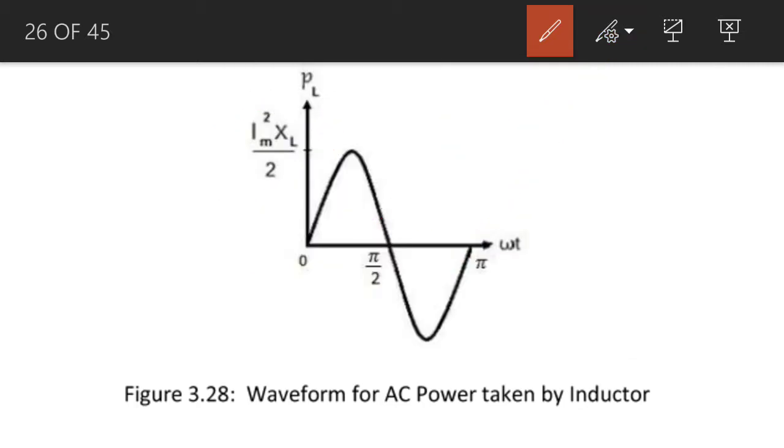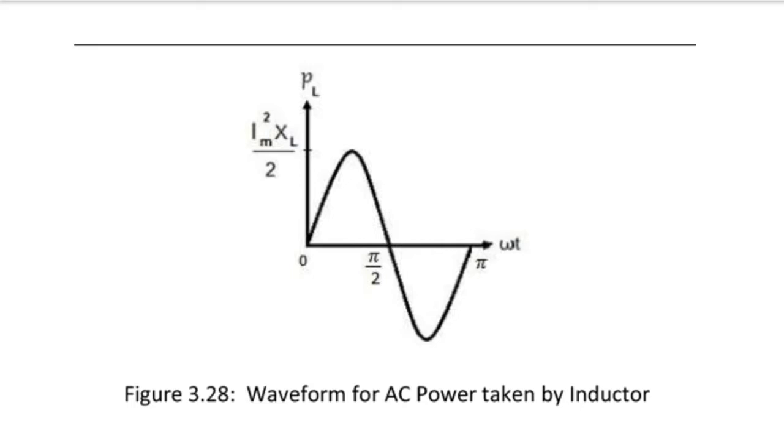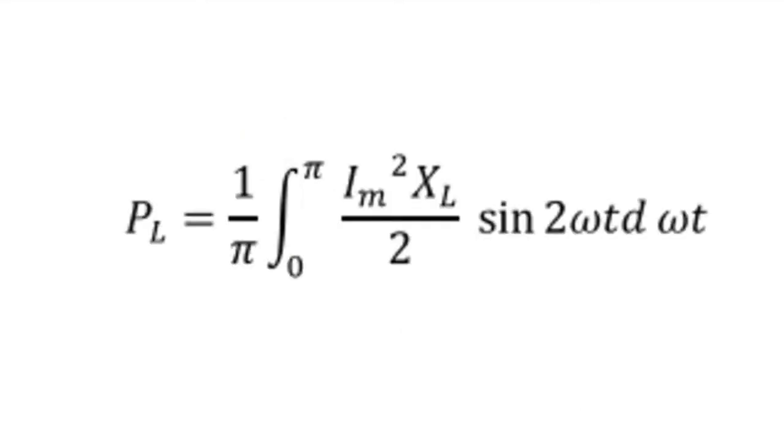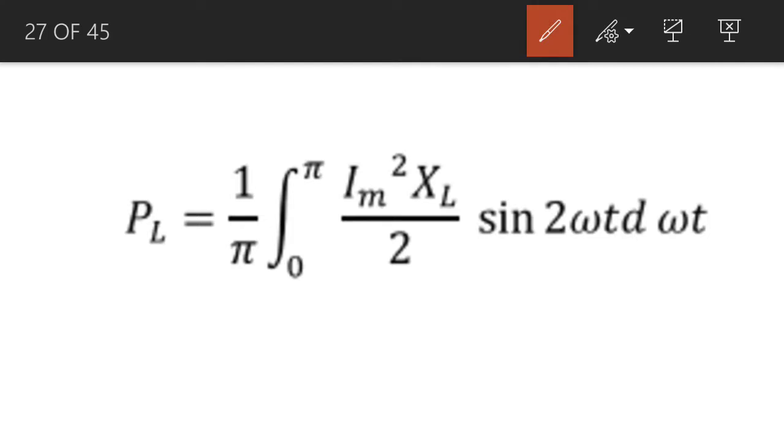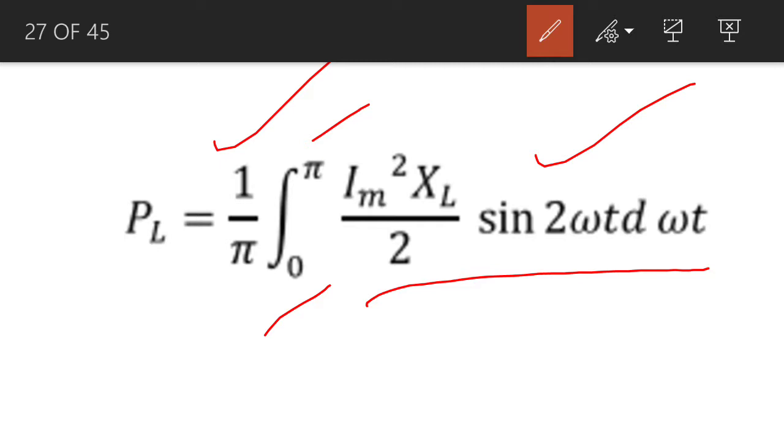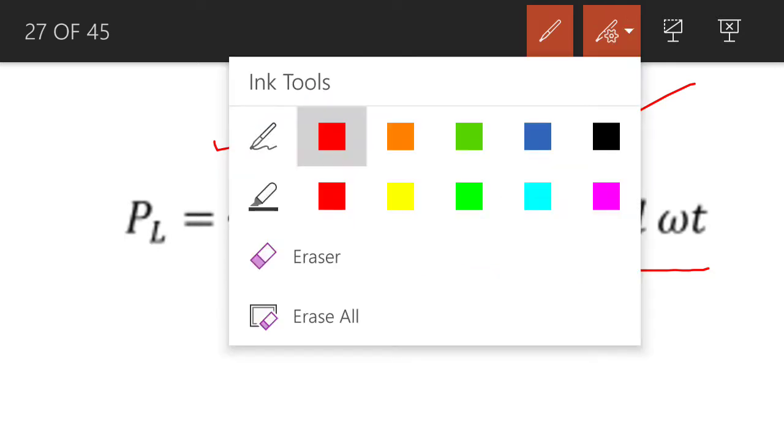Anyhow, we want to calculate the average value of this AC power. So the average value of this AC power will be equal to 1 over pi, then we have the integration from 0 to pi of the instantaneous value of this power, and the instantaneous value of this power is Im square XL by 2 sine of 2 omega t d omega t.